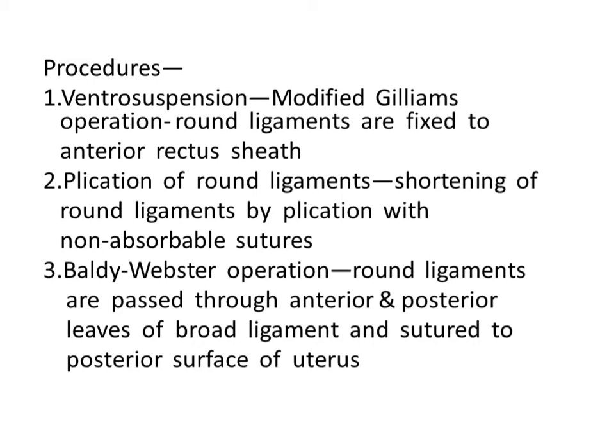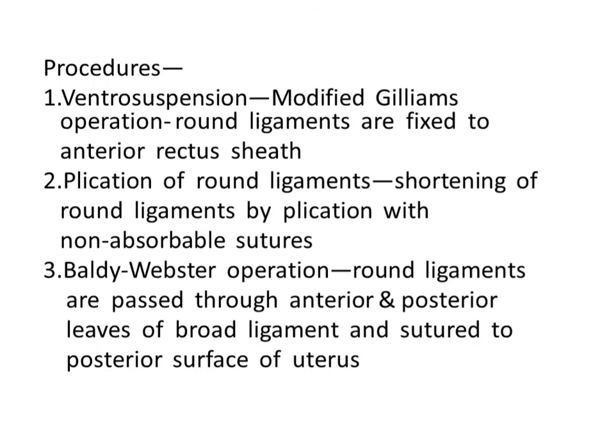like how we suspend the uterus in prolapse of the uterus. I don't know if you had a class on prolapse, you can understand, where we just suspend the uterus by fixing the ligaments to the cervix and then fixing to the anterior rectus sheath.